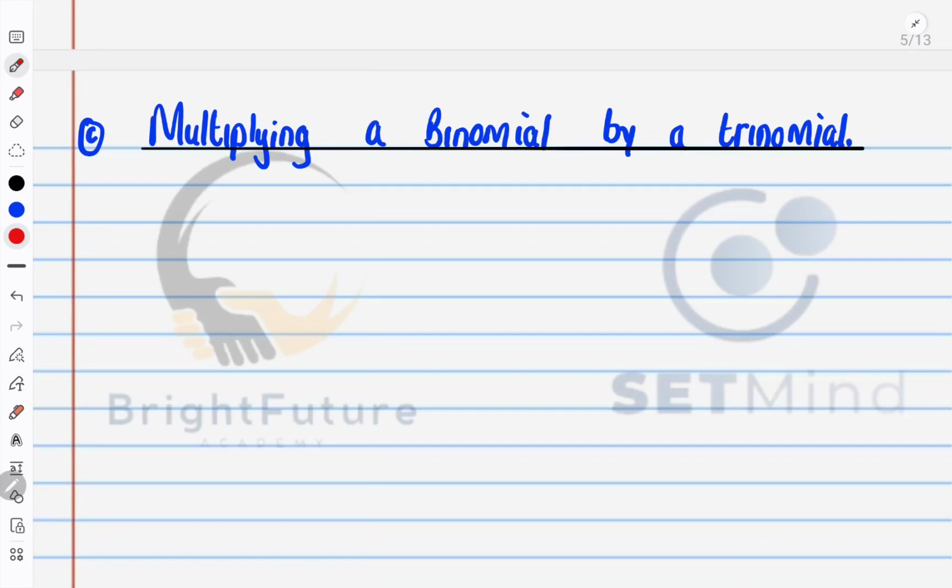We are still following the distributive law, whereby we'll take each term of the binomial and multiply all the terms in the trinomial, and then we'll take another term of the binomial and multiply all of the terms in the trinomial. Let's say our binomial is a minus b, and our trinomial is a squared plus 2a plus c.